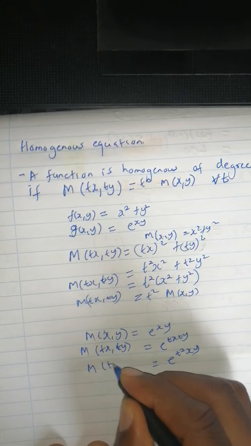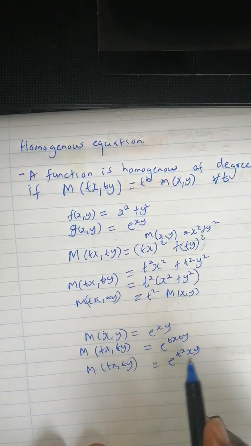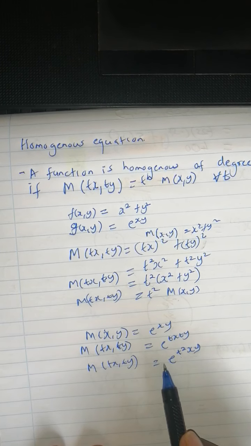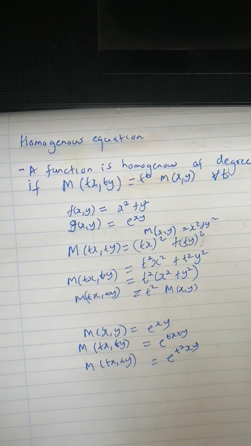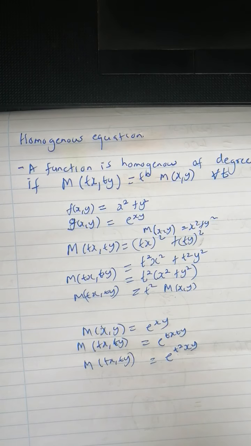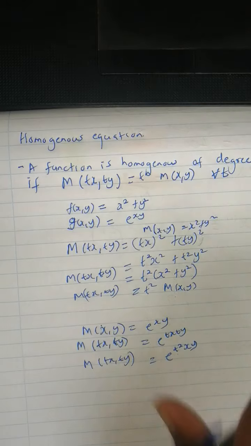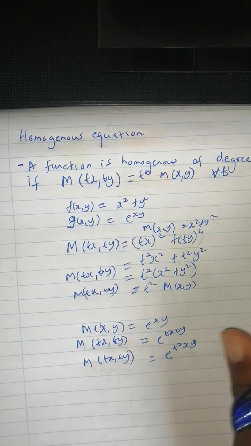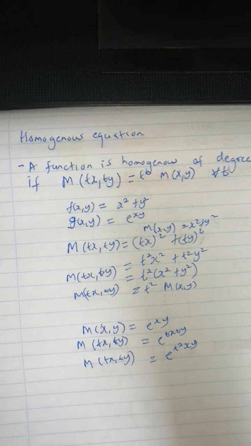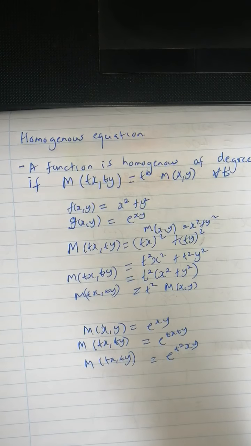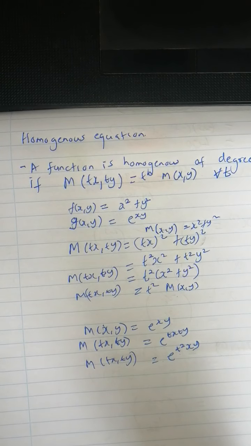So there's no way that we can take out the t squared outside this exponent, so we cannot use the homogeneous equation here. So it usually applies to polynomials. It doesn't apply to trigonometric functions and exponential functions or functions of those kind. That's why we need to use this particular method.